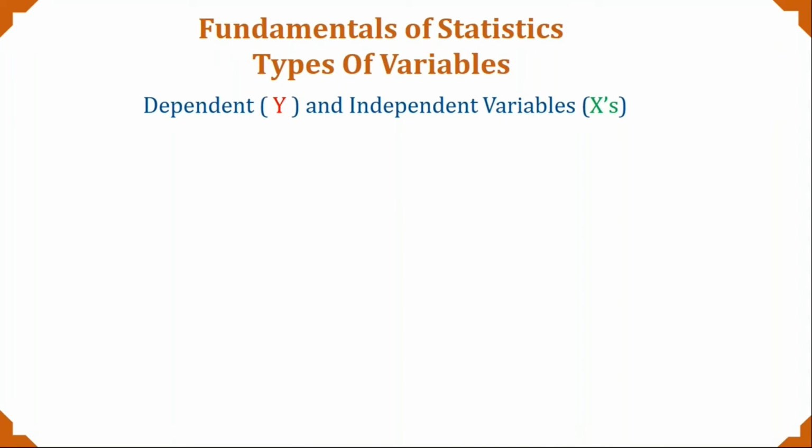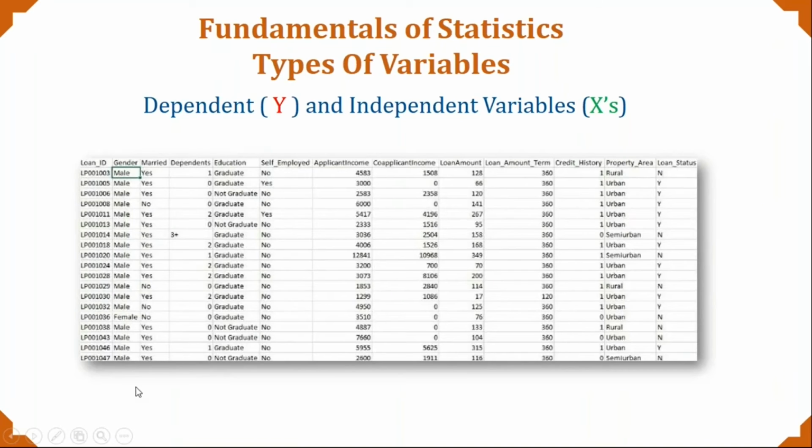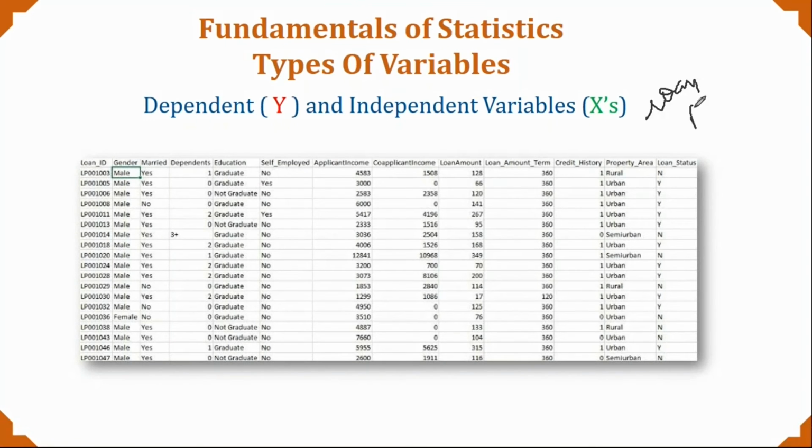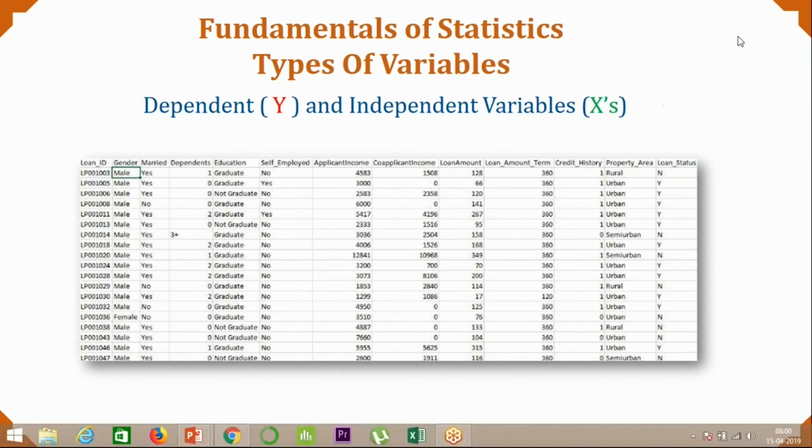So let's take a simple example. Now tell me, what are the independent variables and what is the dependent variable in our loan prediction example? We are working on that one, yes or no. Tell me, anyone, what is the dependent variable and what is the independent variable?